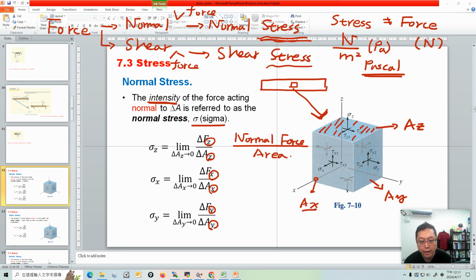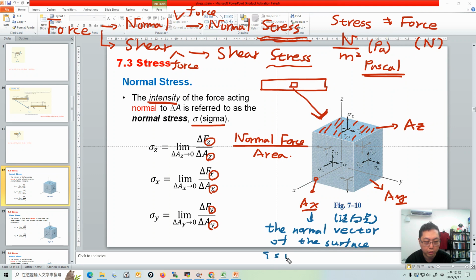Ay means the normal vector of this surface is pointing to the y direction. And the normal vector pointing to z is called az.